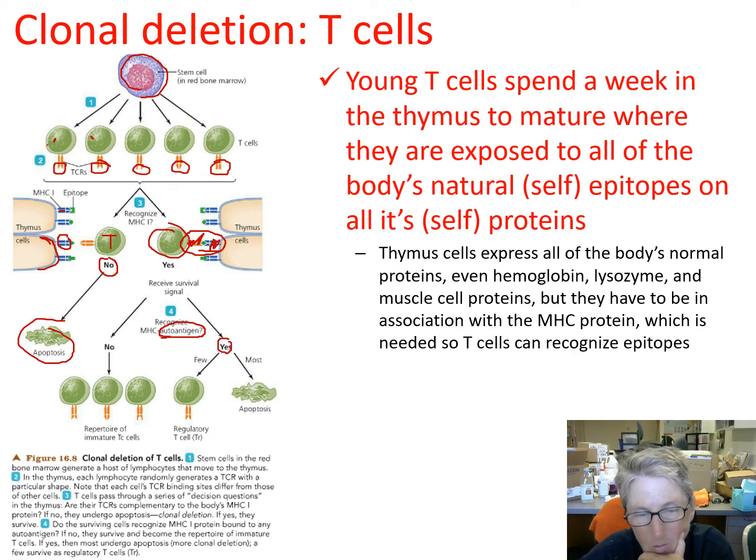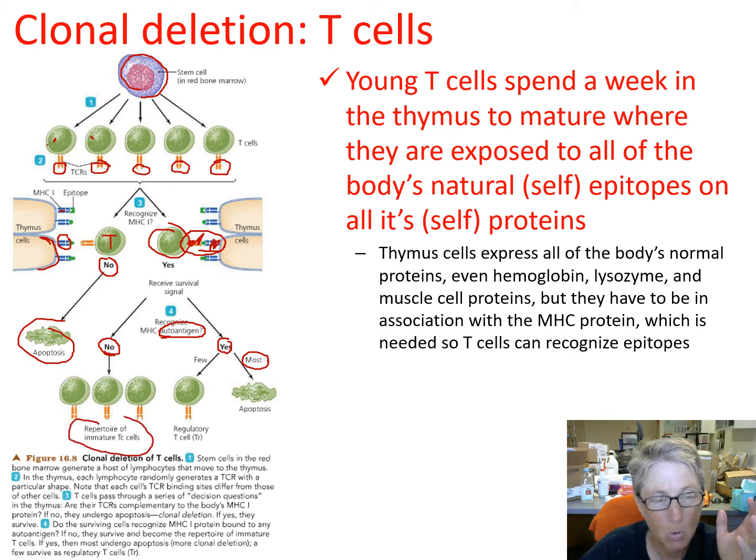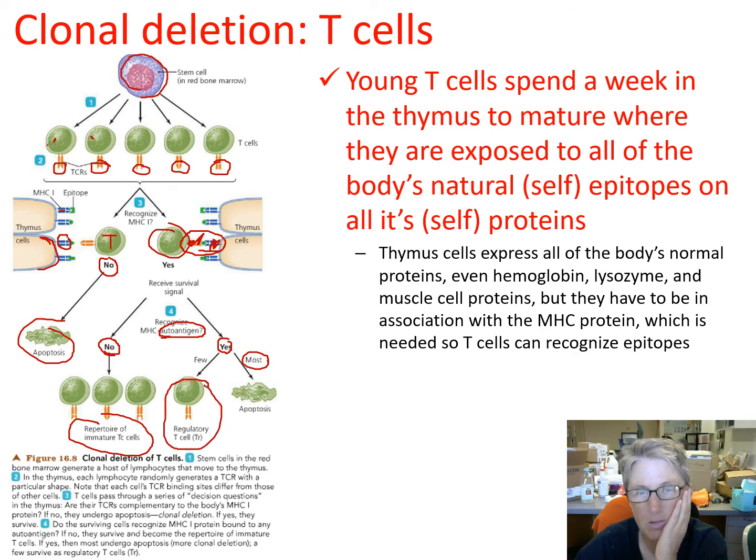If the answer is yes, most of them will die an apoptotic death. If the T cell with its T cell receptors doesn't recognize an auto or self-antigen, then they get to go on to become mature T cells. And then even if you recognize an autoantigen, some of those T cells can become regulatory T cells.